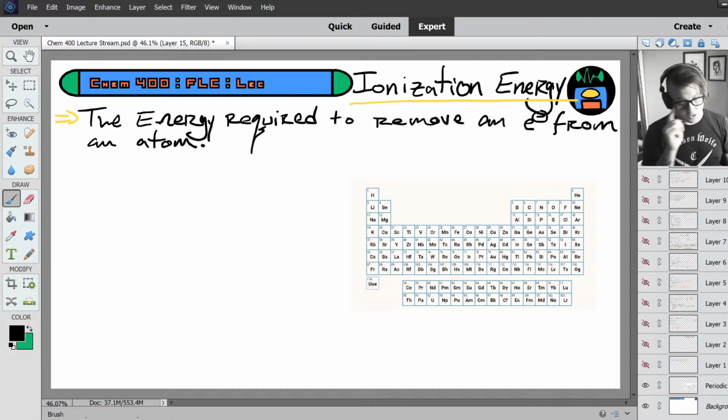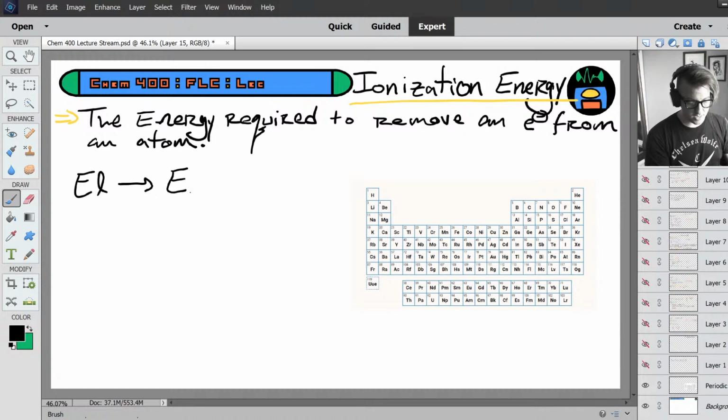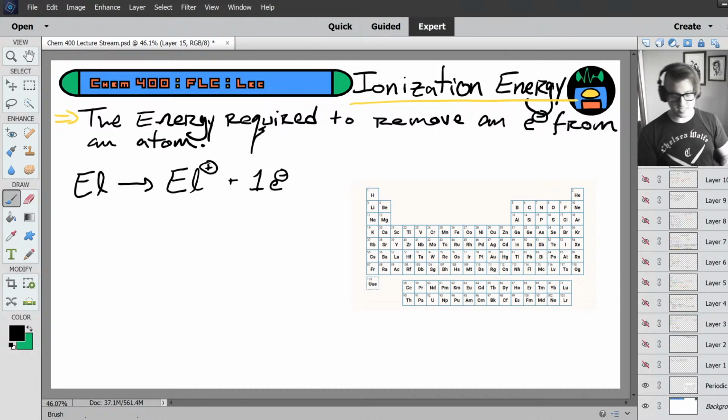All right? The energy required to remove an electron from an atom. So we're literally talking about a reaction where you have a neutral element losing an electron. So the element will become a cation and it will lose one electron in this process.